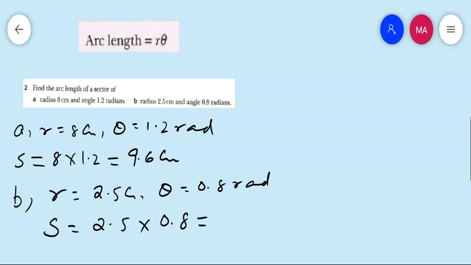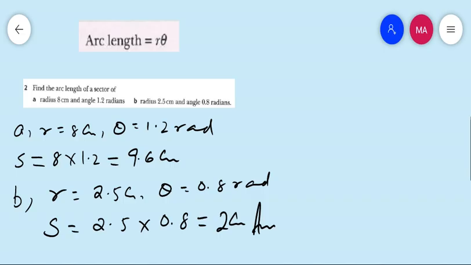By using calculator, 2.5 multiplied by 0.8 is 2 centimeter. Sorry, the answer is 2 centimeter.